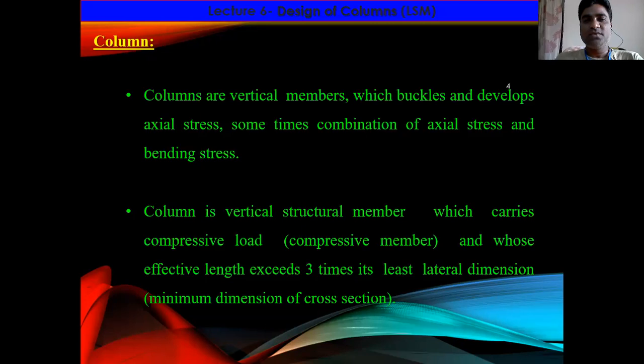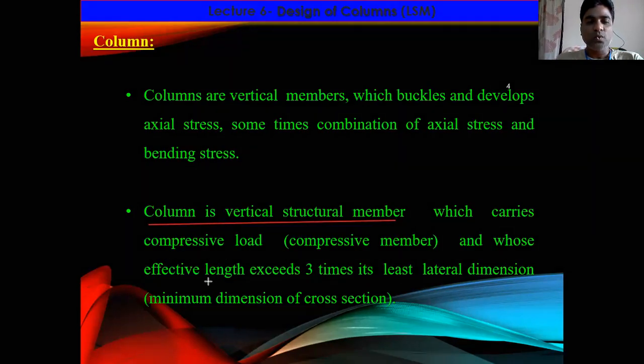Generally the length of the member is quite high compared to its cross-sectional dimension. So a column is a vertical structural member which carries compressive load and whose effective length exceeds 3 times its least lateral dimension, and then it can be classified as a column.